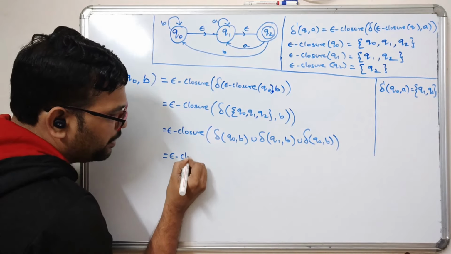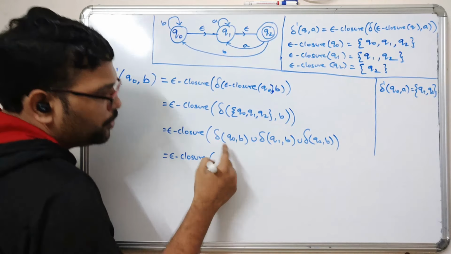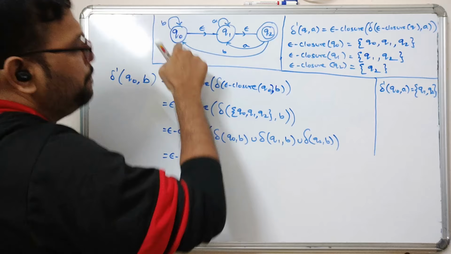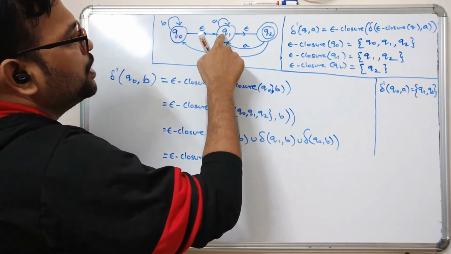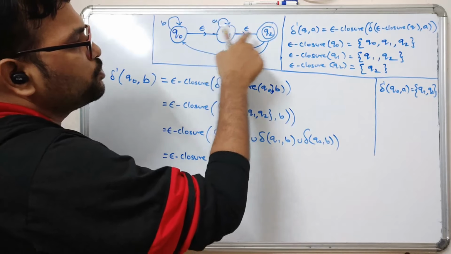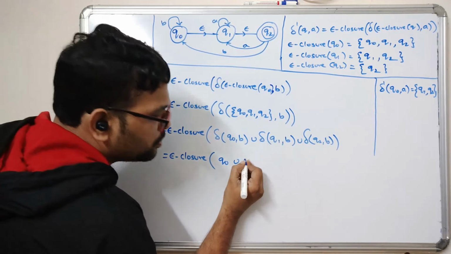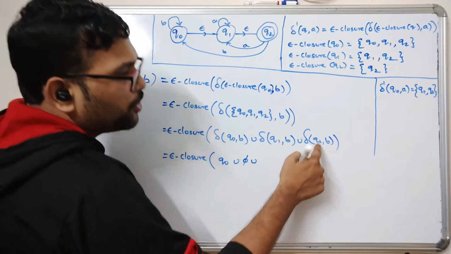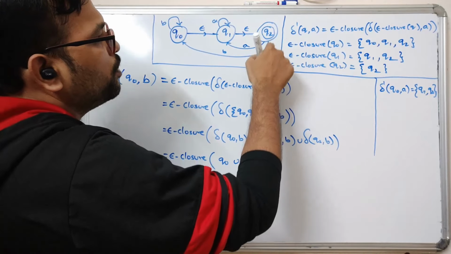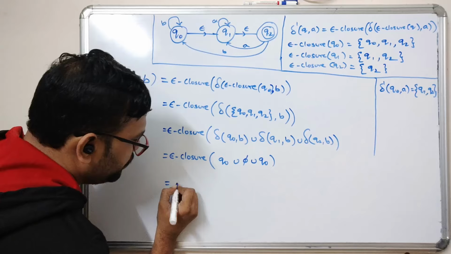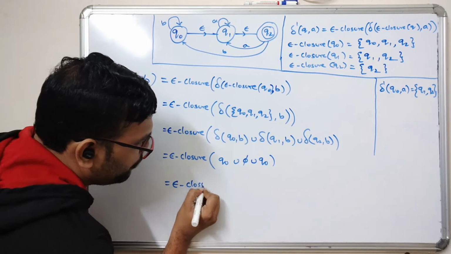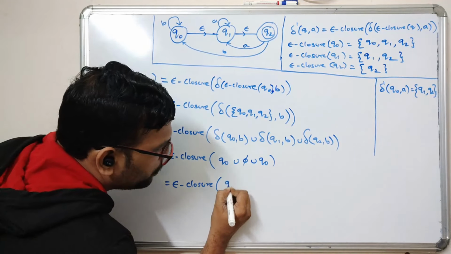Now you can write here epsilon closure of Q0 on B. So Q0 on B itself, so Q0 union Q1 on B. There is no move, there is no transition for input B. So phi union Q0 Q2 on B. So Q2 on B, again it's Q0. So you can simply use epsilon closure of Q0.